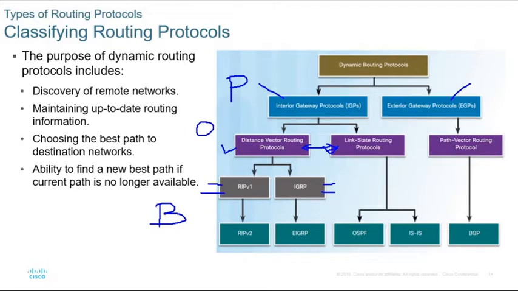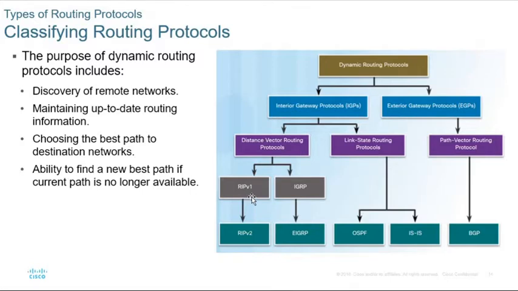Now, just to mention the difference between the two: classful routing protocols, particularly the old RIP v1 and IGRP, are legacy protocols that are being utilized on older networks.